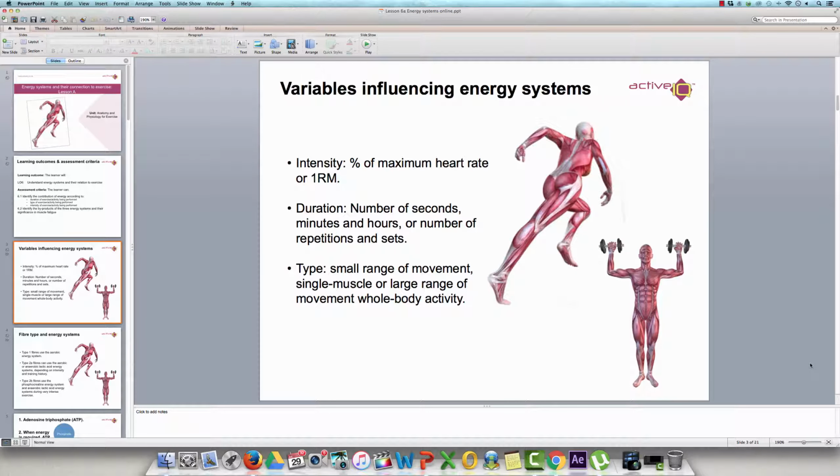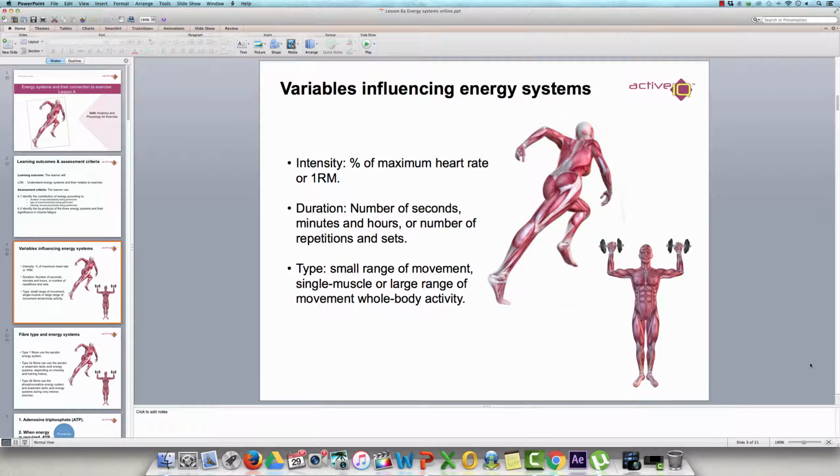As well as intensity, we also have duration, so the number of seconds, minutes or hours that we spend on an exercise. A good example would be a long distance bike ride or a long distance run. When we first start off and it's all very easy, that's absolutely fine. But once we've been going for 2, 3, 4 hours, we're going to start using a different energy system.